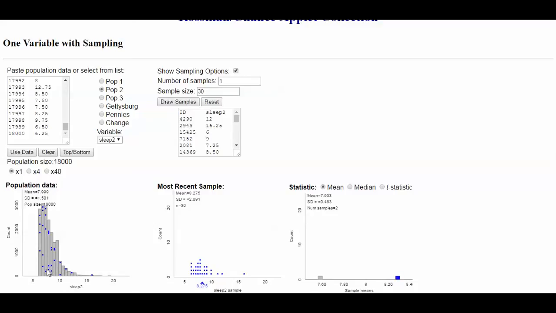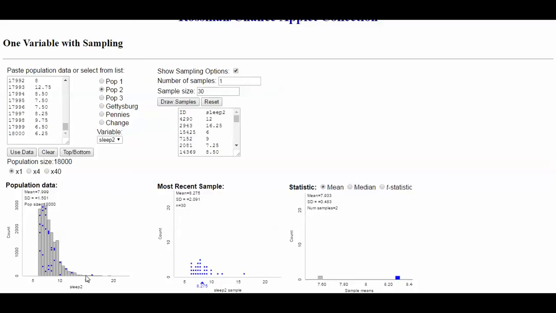If we keep doing this over and over again, what we're going to notice is that each time a sample is selected, the sample is still going to include a lot of people from the low end of the population. That's because there's a lot of people to draw from down here. But since we're using a larger sample size of 30, there's going to be a few more higher people mixed in.